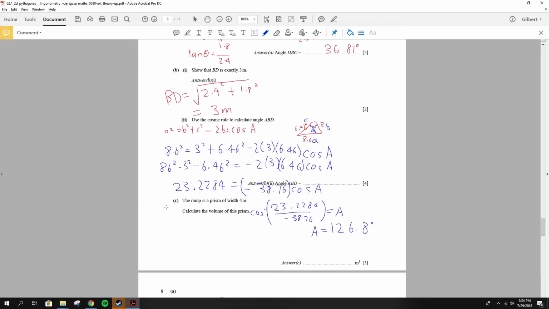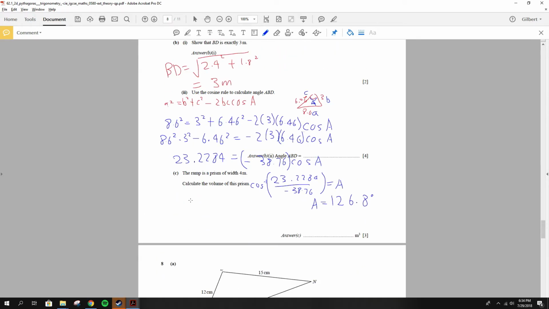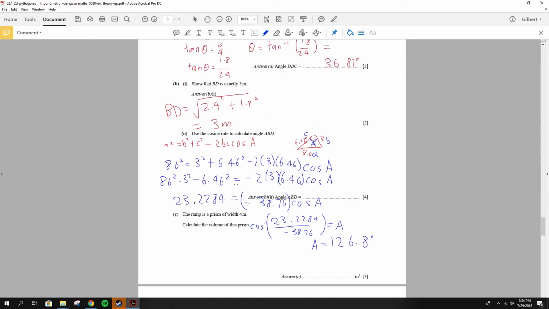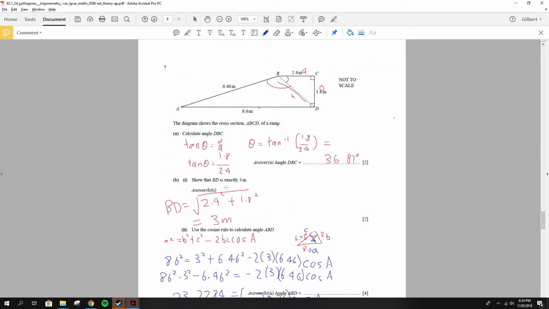Alright, this question: the ramp is a prism of width 4. Calculate the volume of this prism. In order to calculate the volume, imagine this is a cross section of the ramp. If you were to draw it in 3D, it would look something like this.